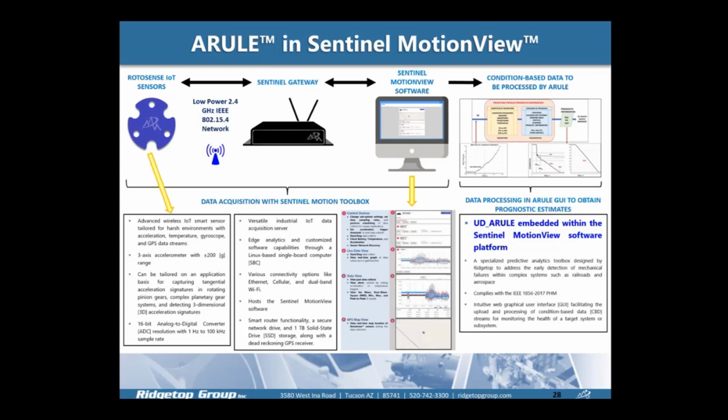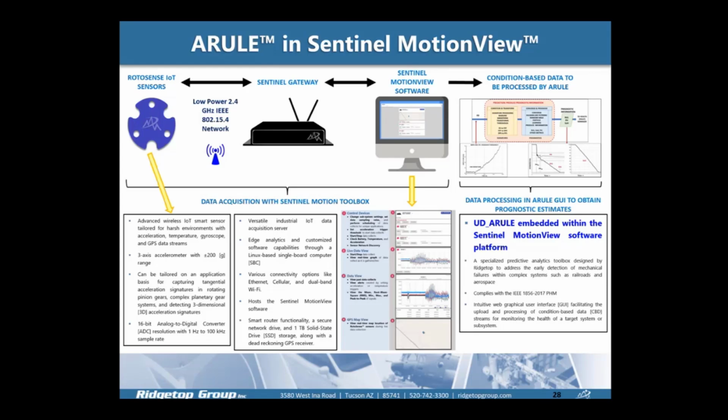And now within that, we have ARULE embedded. So UD ARULE, the CLI version we talked about earlier, is embedded in there now, and we tailored it into a specialized predictive analytics toolbox that was designed to address the early detection of mechanical failures within complex systems, specifically for railroads, aerospace, and other industrial applications.